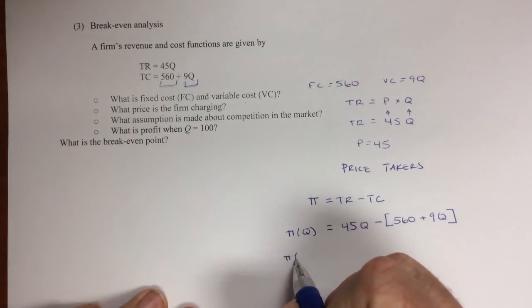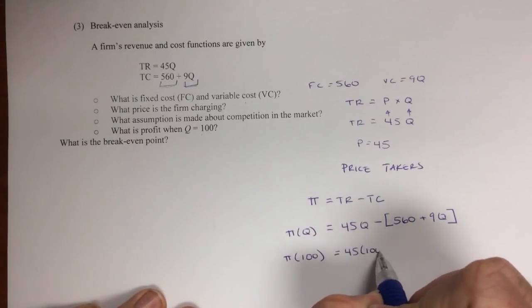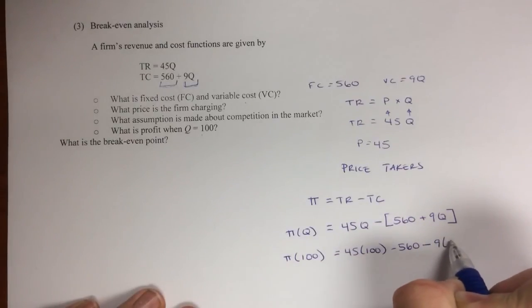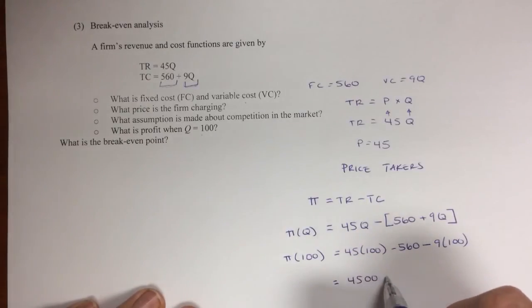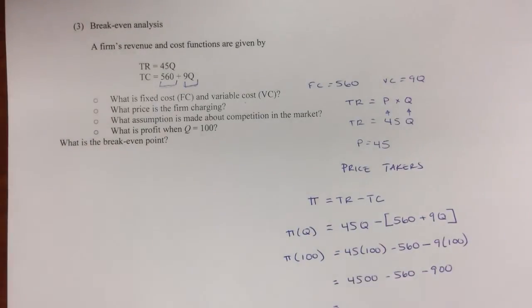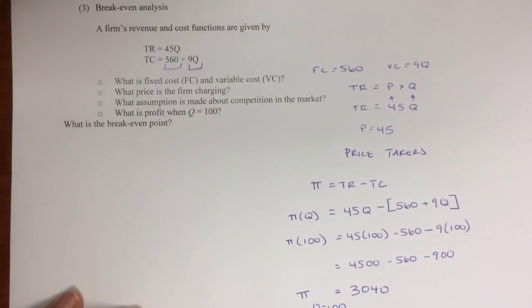Now I look at when Q is 100. So this is 45 times 100 minus 560 minus 9 times 100. So I'll get 4,500 minus 560 minus 900 on my calculator, and I get 3,040. So these are my profits when quantity is equal to 100.